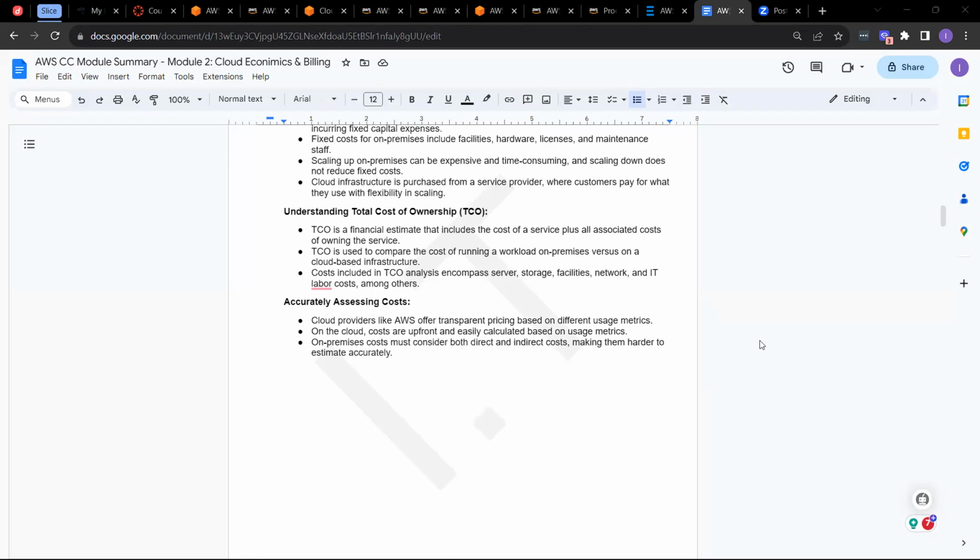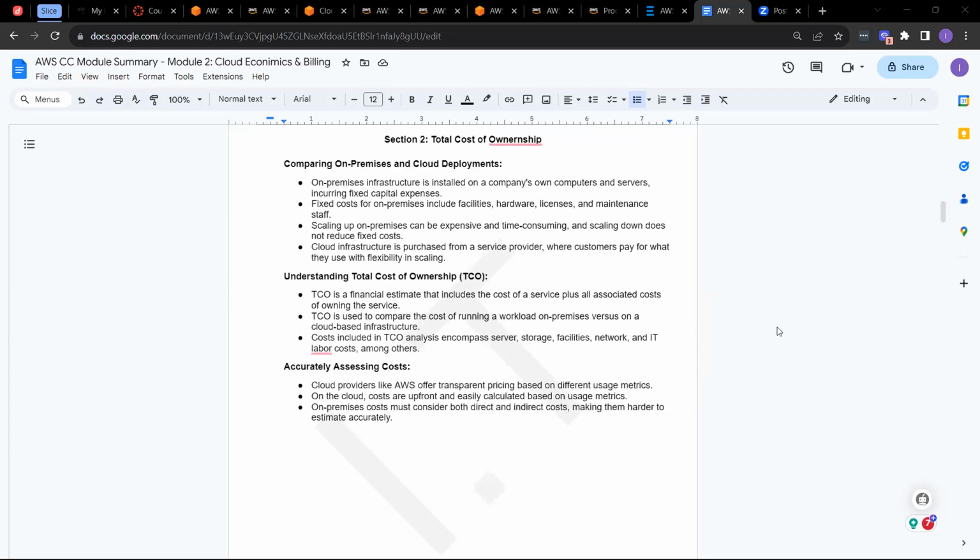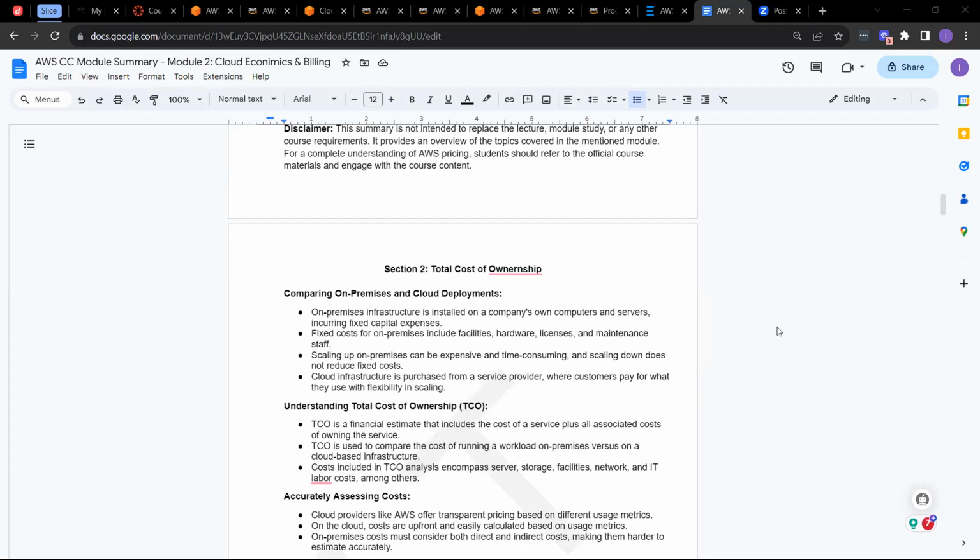But with on-prem, you look at both direct and indirect costs, right? It's difficult to even have an accurate calculation of your cost, because sometimes your server might be faulty and you might not repair it through the original equipment manufacturer. You look at a third party to come and manage or do the repairs for you.